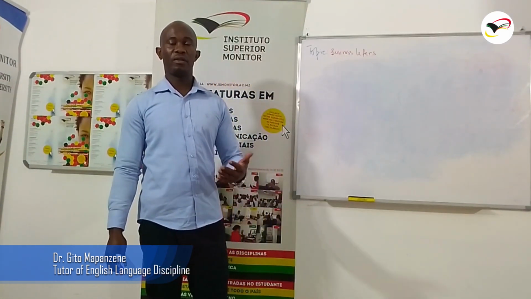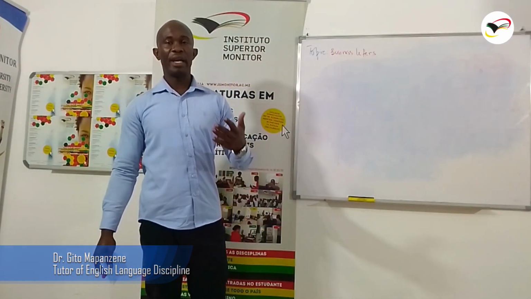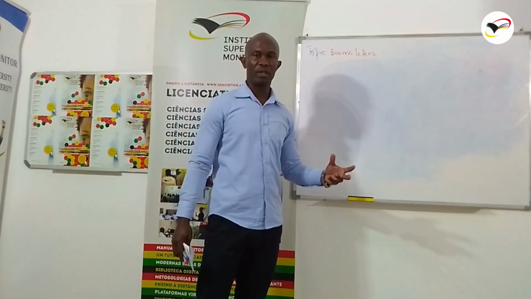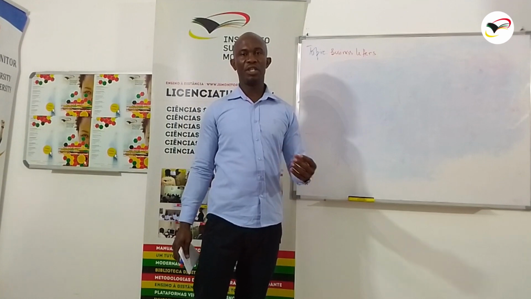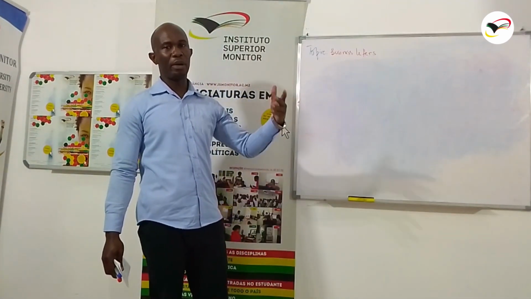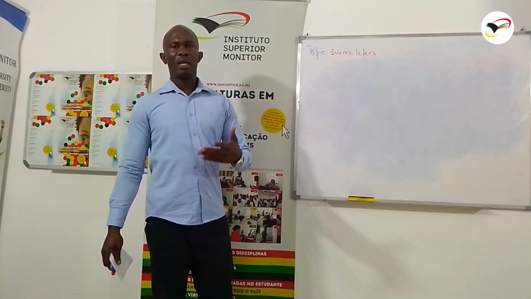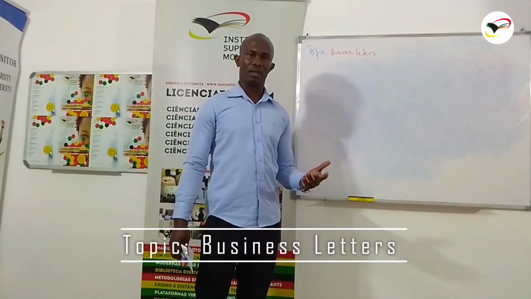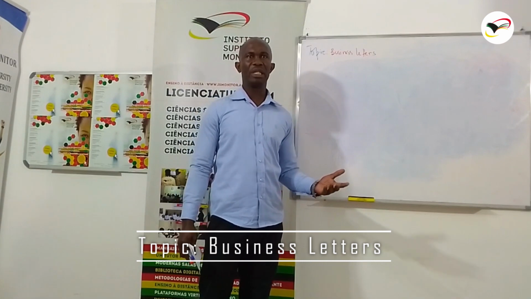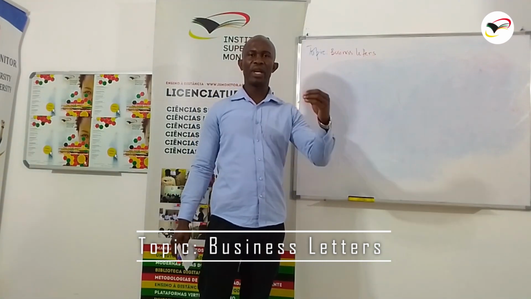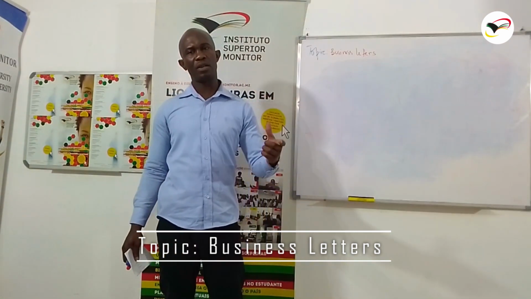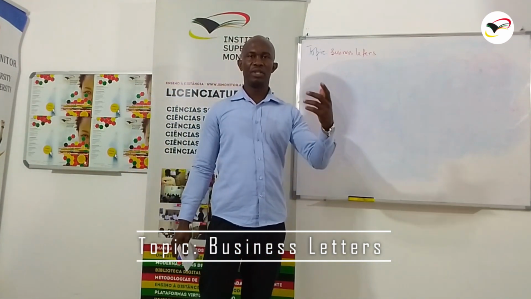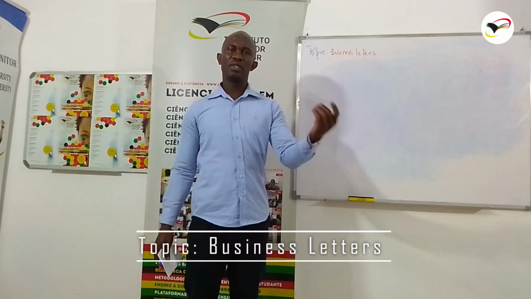They use formal language. They have a specific format which is divided into three main parts: the header, the body, and the closing. There can be different layouts of the business letter, but every business letter has a header which should have the sender's address, the date, and the recipient's address.